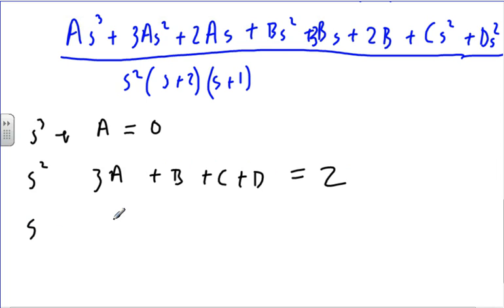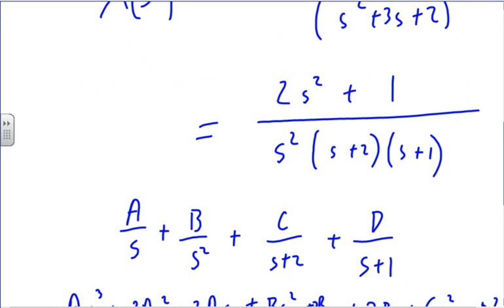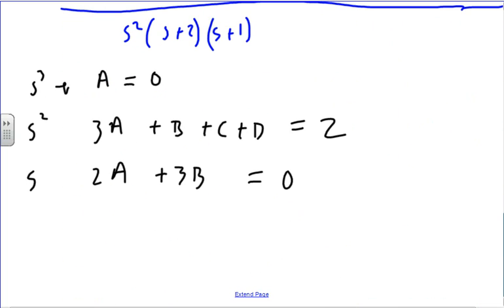And then I'm looking at the s term, 2a plus 3b, and that's going to have to equal 0. I'm pretty sure there's no s term. So b is equal to 0, this is 0, that's 0, implies b is also equal to 0.